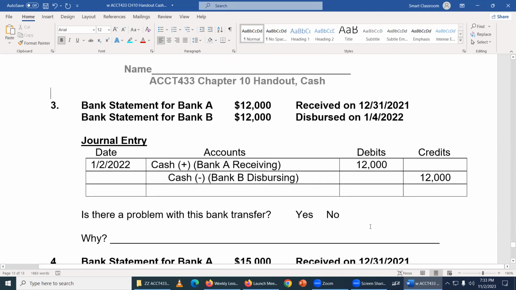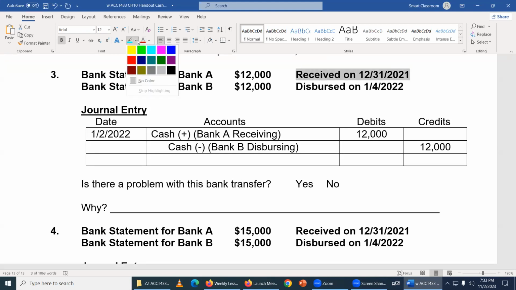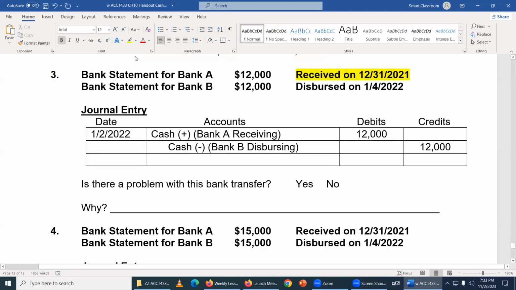Let's look at number 3. Is there a problem? Yes, there is a problem, because the journal entry is after, not before.